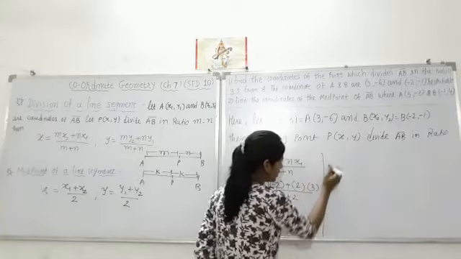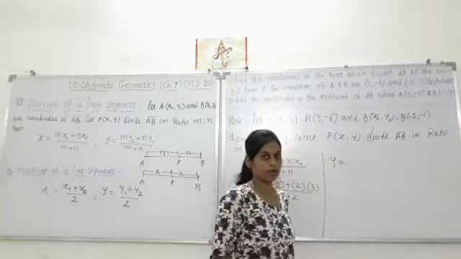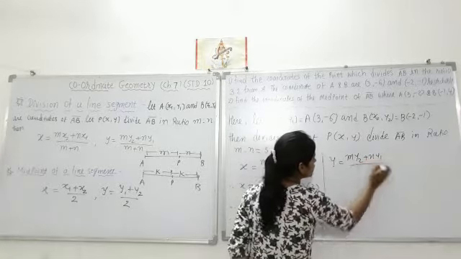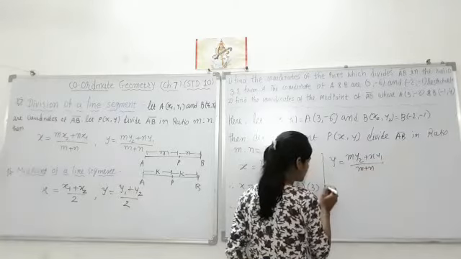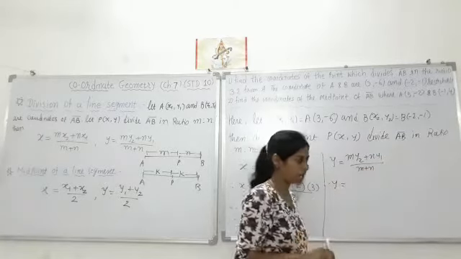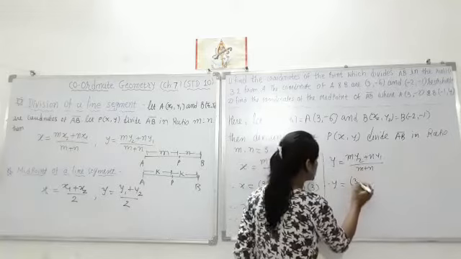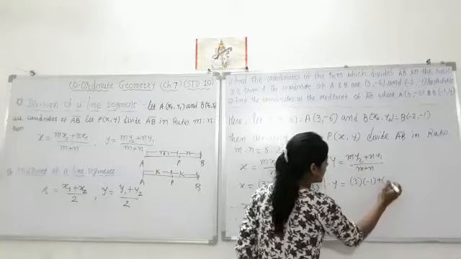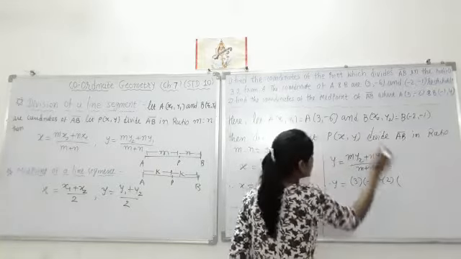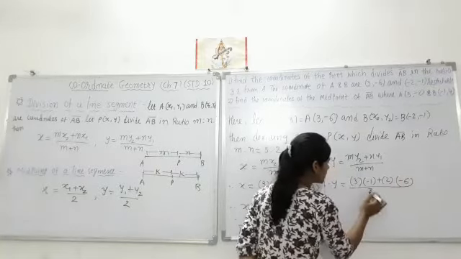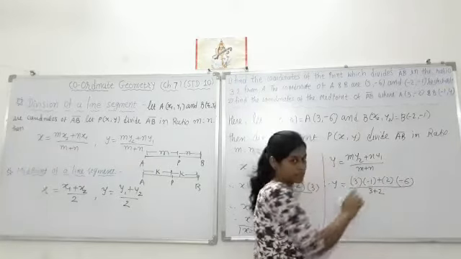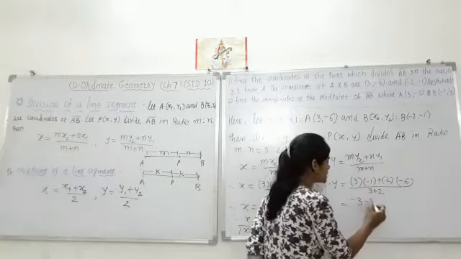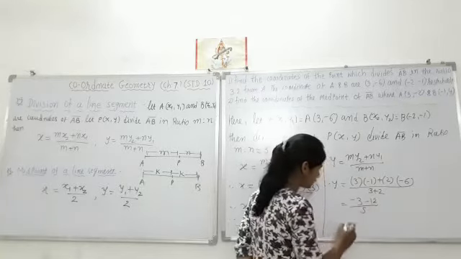Now the y coordinate. Your y coordinate formula is my2 plus ny1 upon m plus n. Put the corresponding values. m you have 3, y2 you have -1, n you have 2, y1 you have -6, and 3 plus 2. Plus minus minus, 3 ones are 3. Plus minus minus, 2 sixes are 12, upon 5.